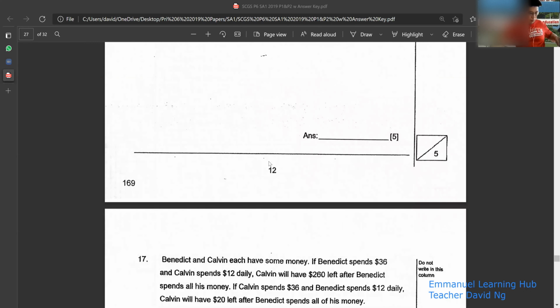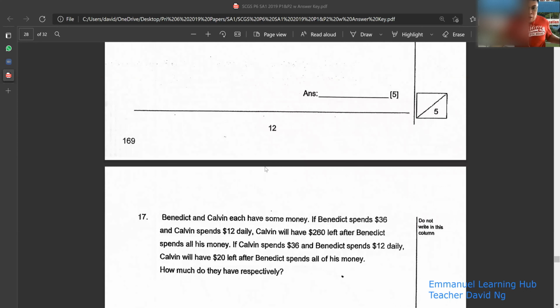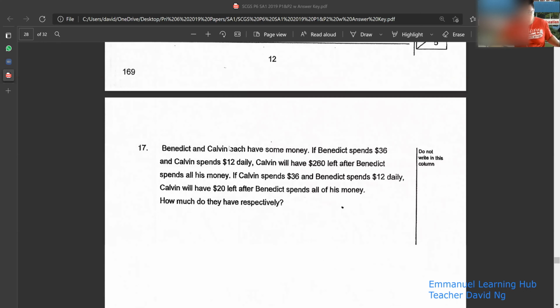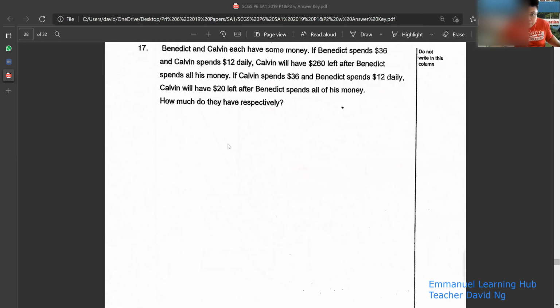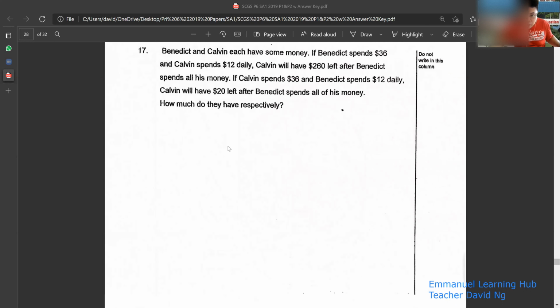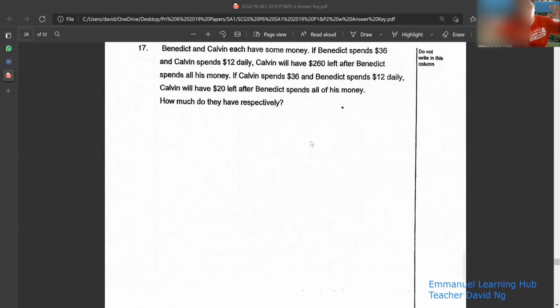Okay, let's look at question 17. Benedict and Calvin. This question I've done many times. I remember this question. I even did it online for some parents. They couldn't do this question.